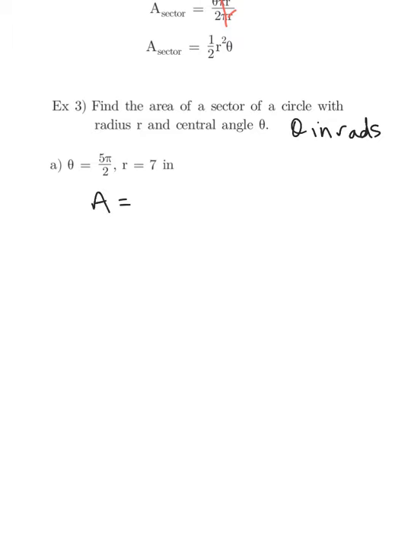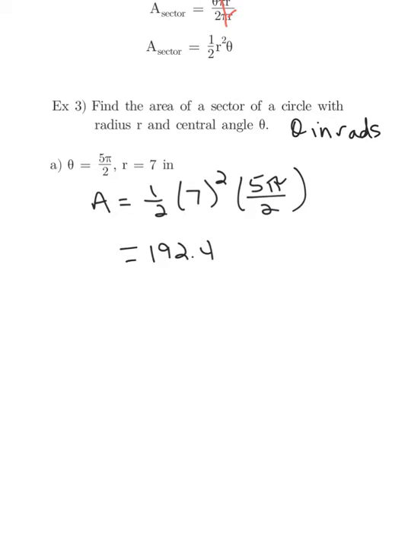Area of our sector is 1/2 times the radius squared times the angle measure in radians, 5 pi over 2. Put all this into your calculator and you should get 192.4. Our label will be in the same units as our radius, which is inches, but anytime you are doing area, that must be squared.